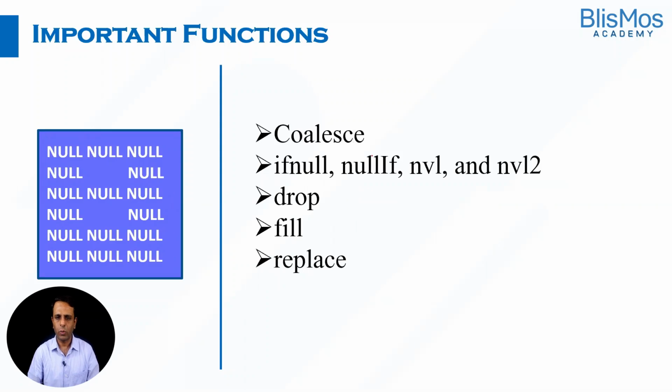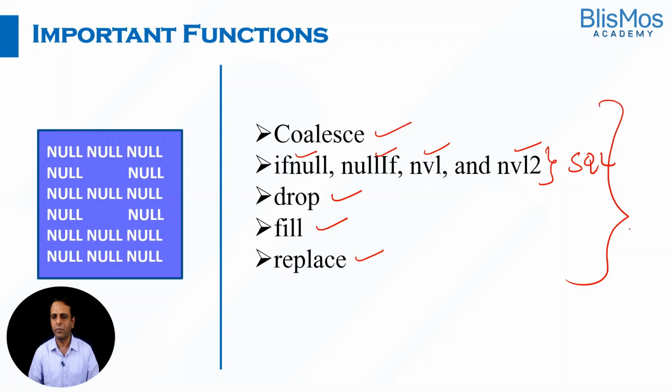They are coalesce, and all of these are SQL functions. We have ifnull, nullif, nvl, nvl2, and we have drop, we have fill, and also we have replace. As I said, at a high level, either you can drop the null values or fill the null values with some value. To accomplish all of that, we have all these functions. We'll see them one by one.